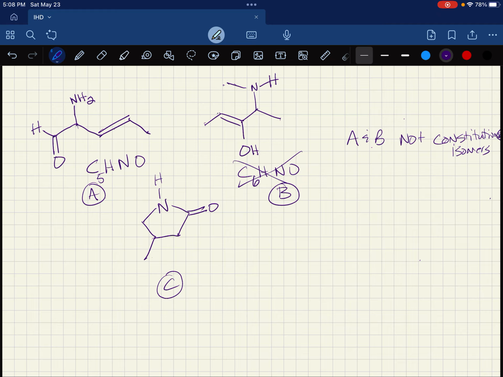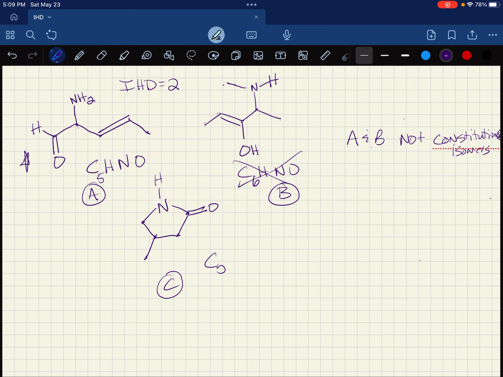Okay, if they had the same number of carbon atoms, but a different number of nitrogen or oxygen atoms, they would also not be constitutional isomers. So let's take a look at, oh wait, first let's write down the IHD of this structure here. So the IHD here of A, we have 2 pi bonds, no rings, so the IHD equals 2. The structure down here, 1, 2, 1, 2, 3, 4, 5.